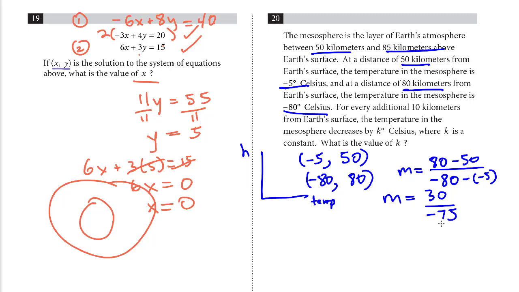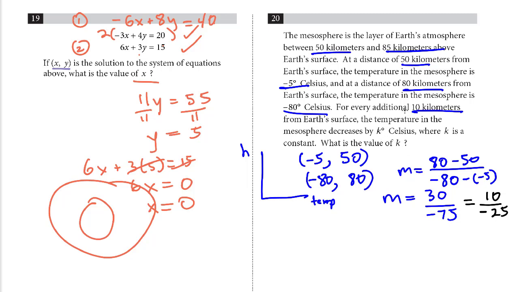So basically, we can see that for every 30 kilometers that we go up, the temperature goes down 75 degrees. So I might now look at this a couple different ways. I can see that's also equivalent to every 10 kilometers we go up, the temperature drops 25 degrees.